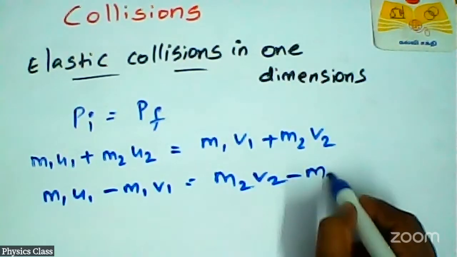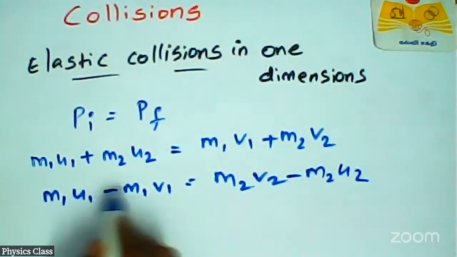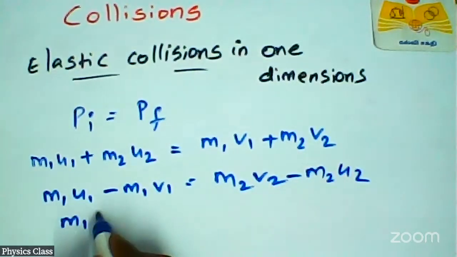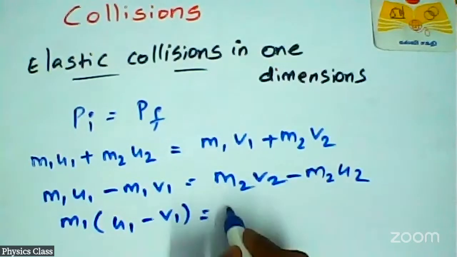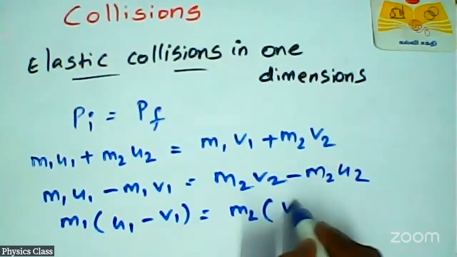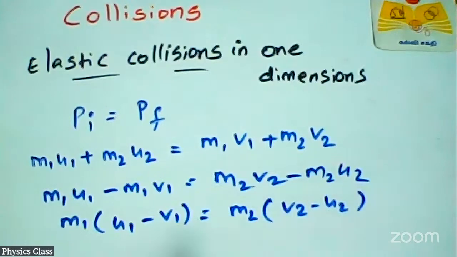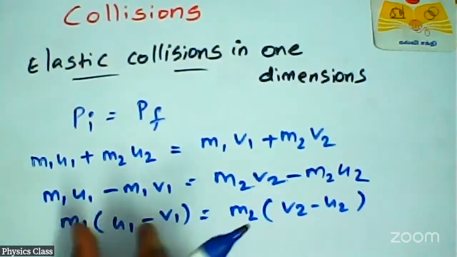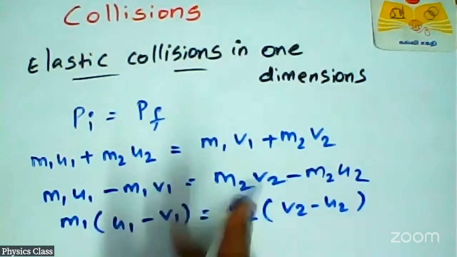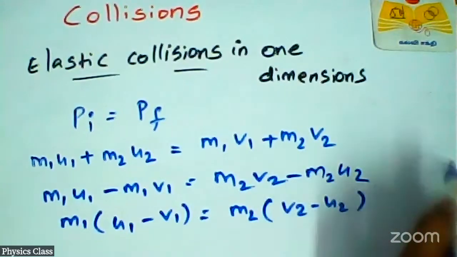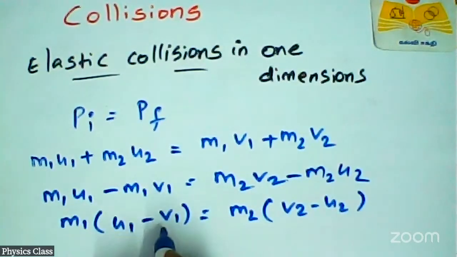Taking m1 as common, we get m1 times (u1 minus v1), and taking m2 as common, m2 times (v2 minus u2). Note this down: this is the simplified form of momentum before and after collision. Label it as equation 1, because we will use it later.